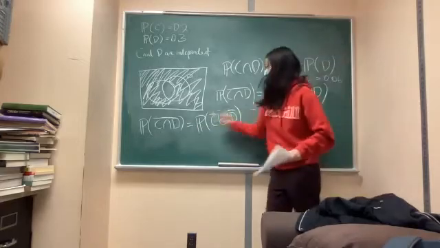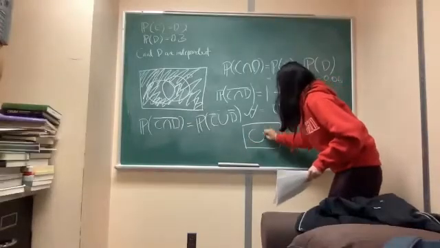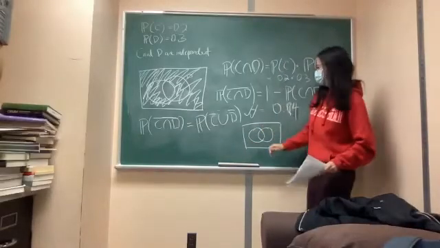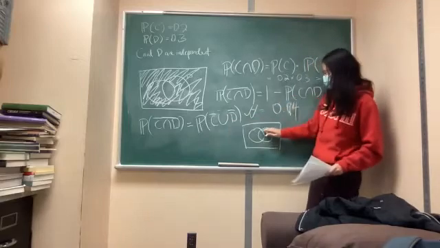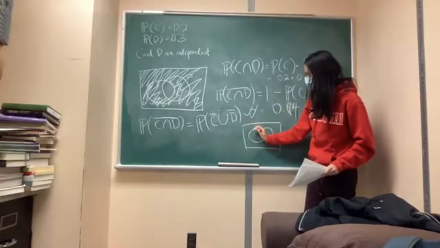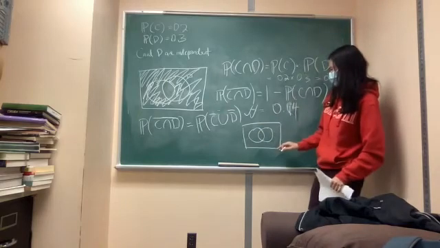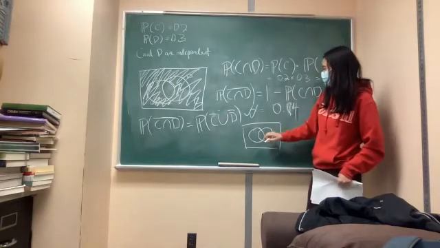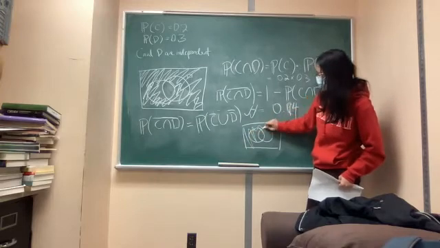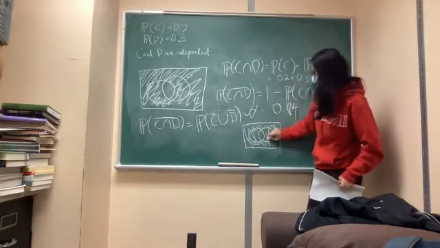This is correct. Okay. I see. Because what you do, you take C complement, everything outside of this circle, union D complement, everything outside of this circle. So this is effectively saying you just take everything outside of the inner circle.